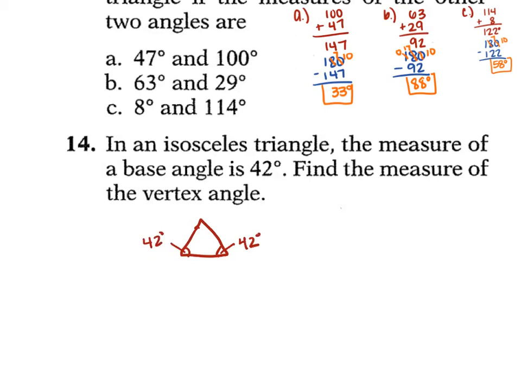So if we did the 42 plus the 42, we get 84. If we subtract that 84 from 180, we are going to have 96 degrees.